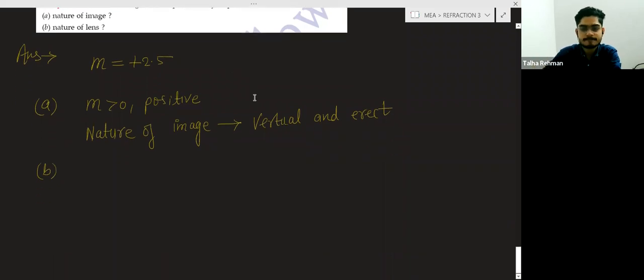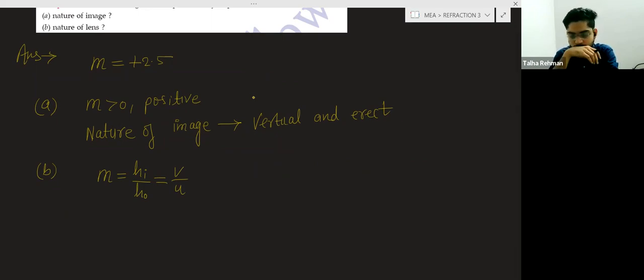Just a minute. What is the meaning of magnification? Magnification means height of the image divided by height of the object. And there is one more formula, v divided by u. So this formula you will apply here. Magnification, height of image divided by height of object, comes out to be plus 2.5.